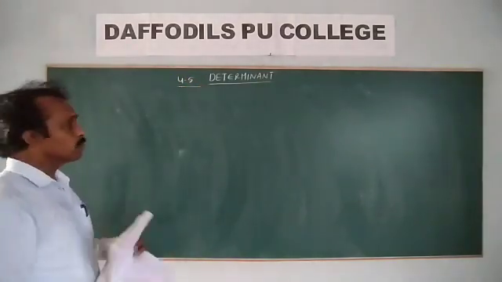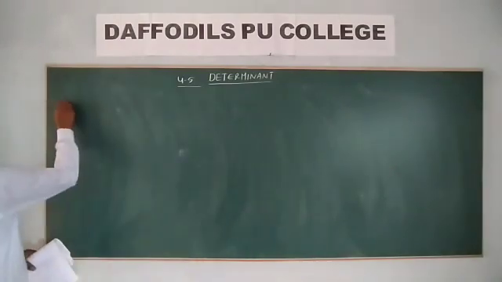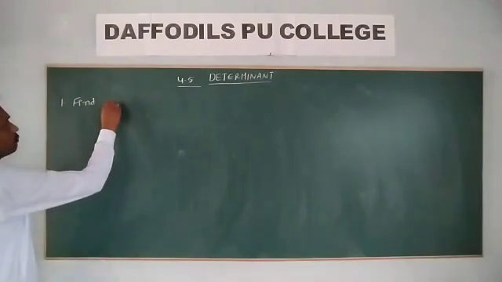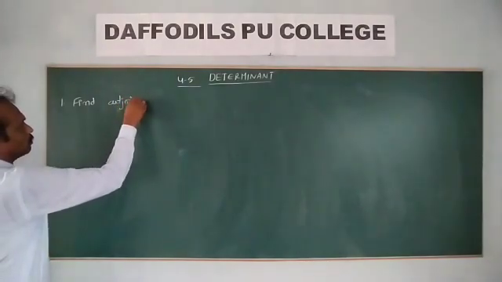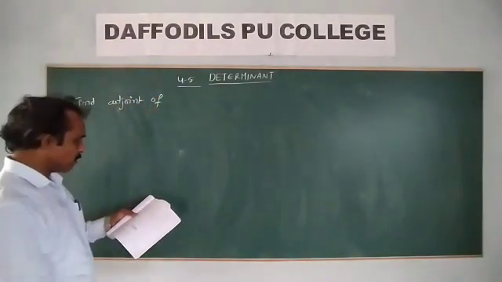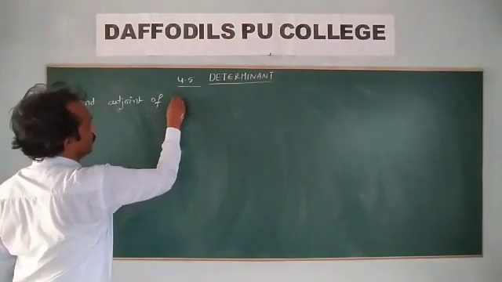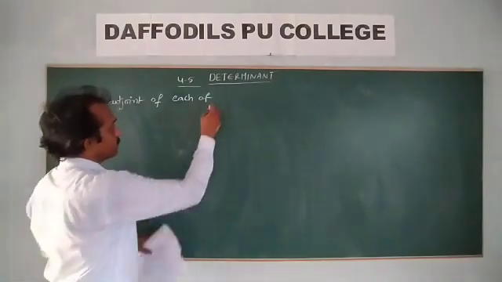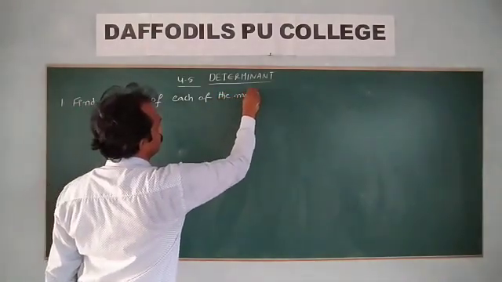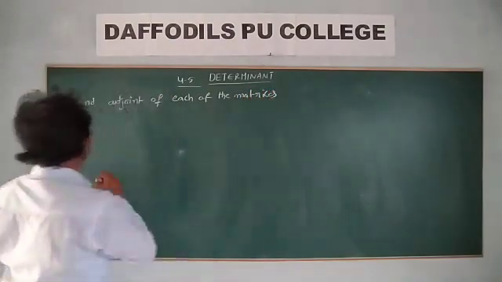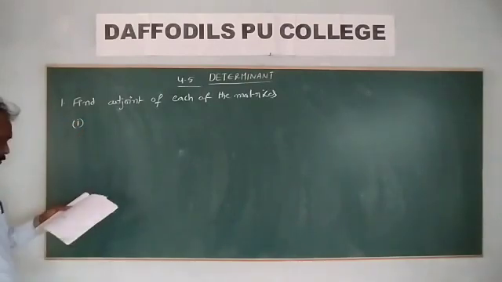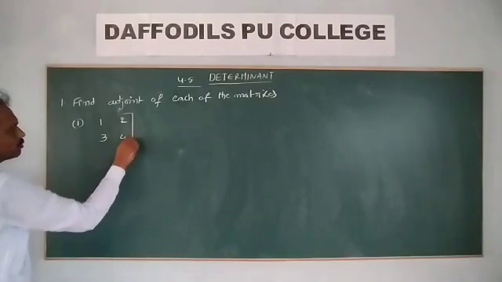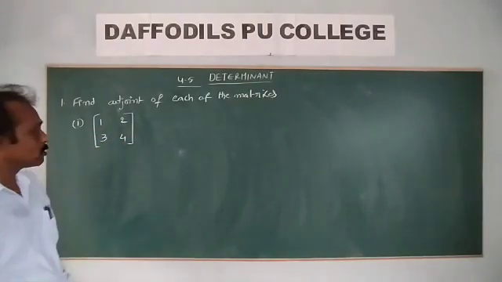First question: find the adjoint of each of the matrices in these two problems. 1, 2, 3, 4.